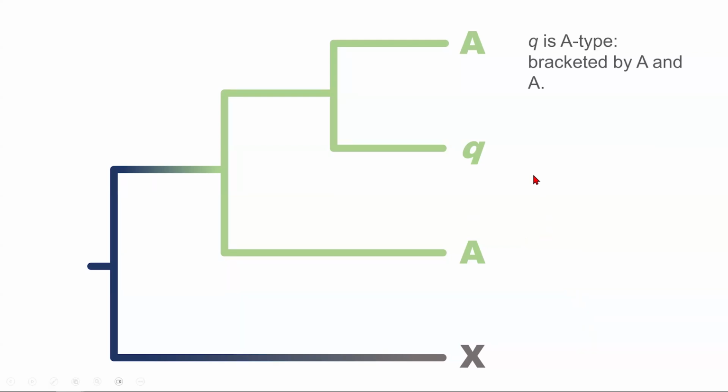But anyway, the easiest case is where the query sequence falls inside the subtree which I label with A. So it's very clear. I usually use the term bracketed, meaning bracketed by A's, and it means it's of A type. That's the easiest case, and very intuitive.